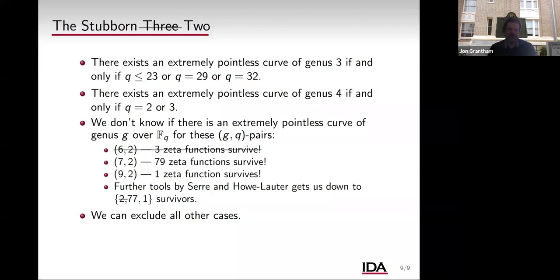And there are only 3 possible other cases that we had to deal with, and it looked like 6-2, 7-2, and 9-2 were not able to be solved, and there turned out to be 2 zeta functions for the genus 6 case, and 1 for the genus 9 case.